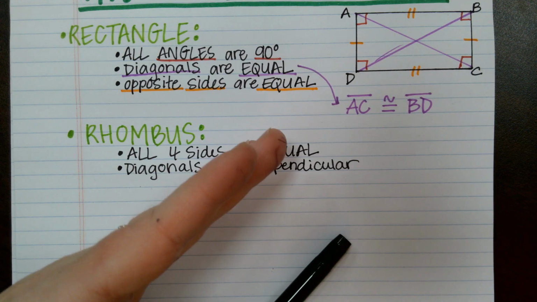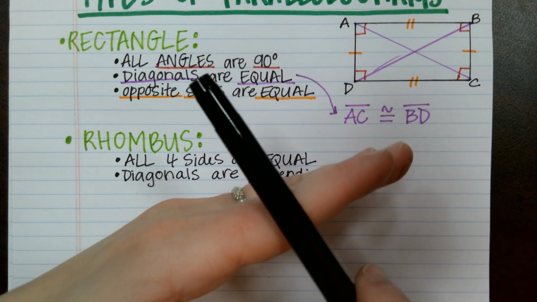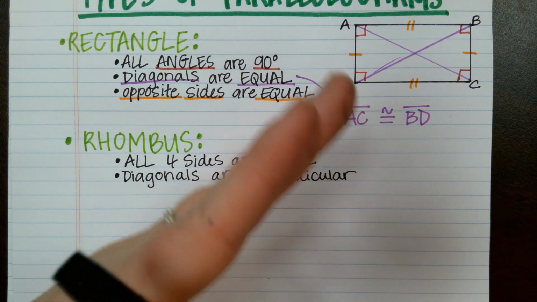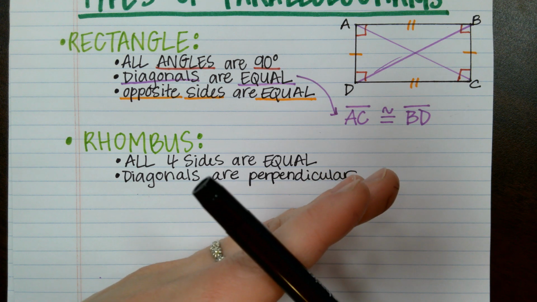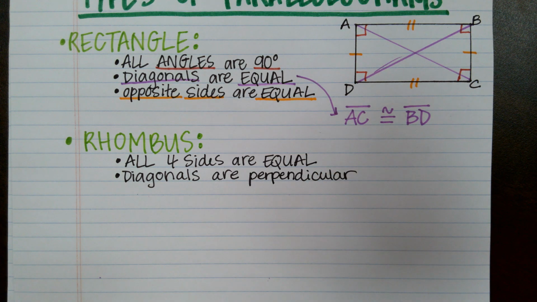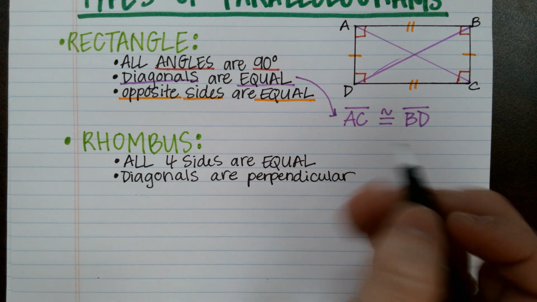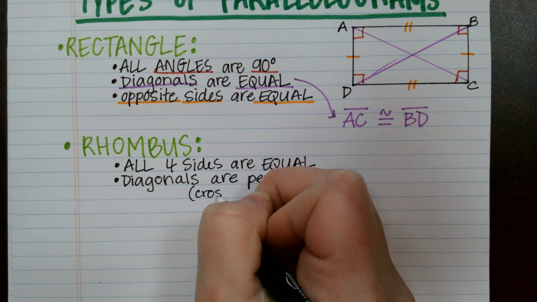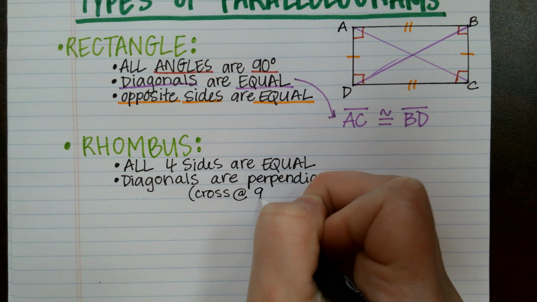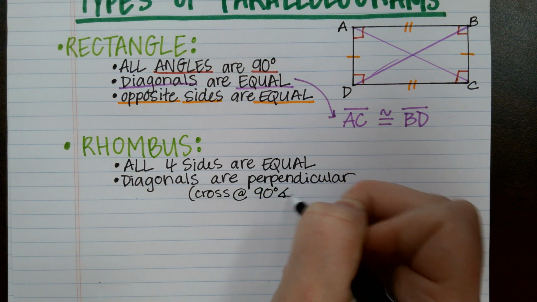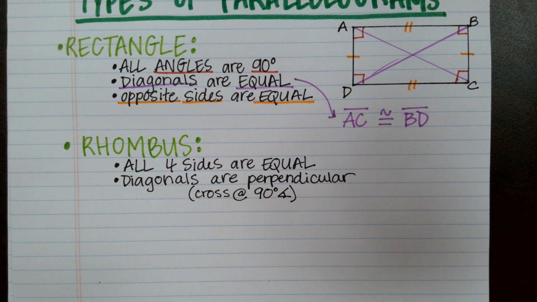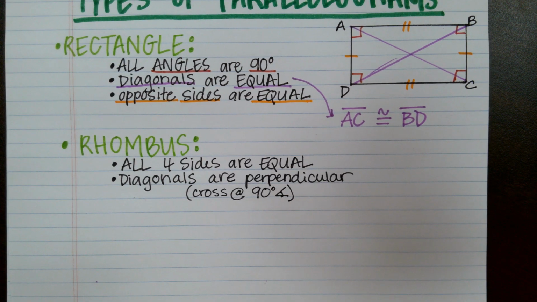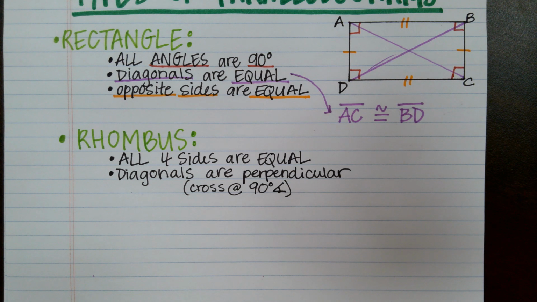Do they cross in the middle? So yes, perpendicular crosses in the middle, but it crosses at a certain angle. 90 degrees, good. So diagonals are perpendicular, and I'll put in parentheses, cross at 90 degrees all around.